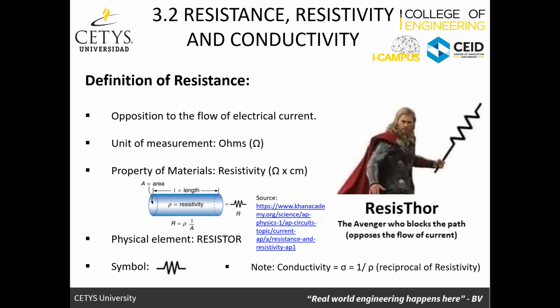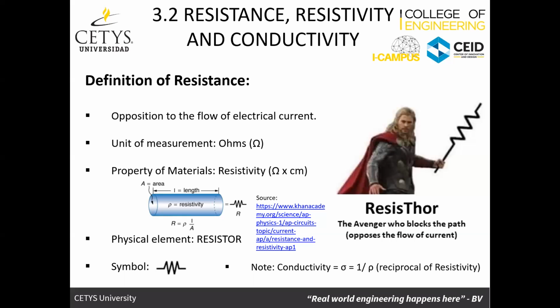The dielectric is a material that has a physical property that's called permittivity. Something similar is here. Everything has a property that's called resistivity, and the resistance of something is going to depend on the resistivity and the geometric properties.